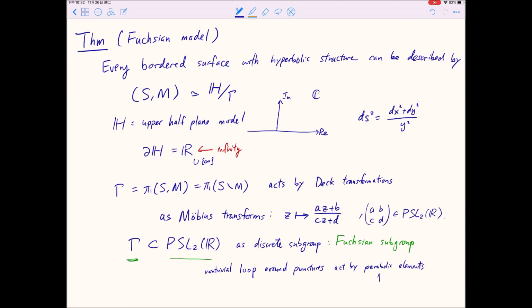So these are the group elements where the trace is either 2 or -2.